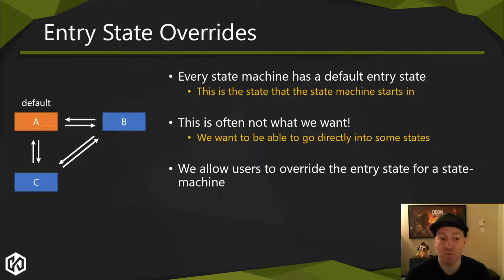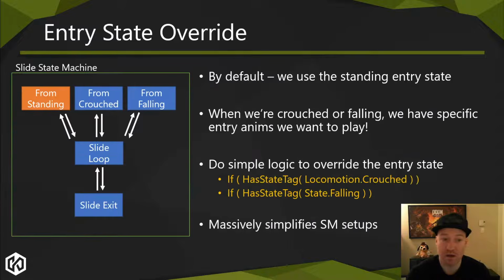But sometimes this isn't what we want. We want to go directly into a different state. And so what we provide is a mechanism to just basically override that entry state. So imagine you have a slide state machine, and you have a slide loop and a slide exit, which always has to be played. But depending where I was coming from in the graph, you would basically select which basic state you want to enter in.